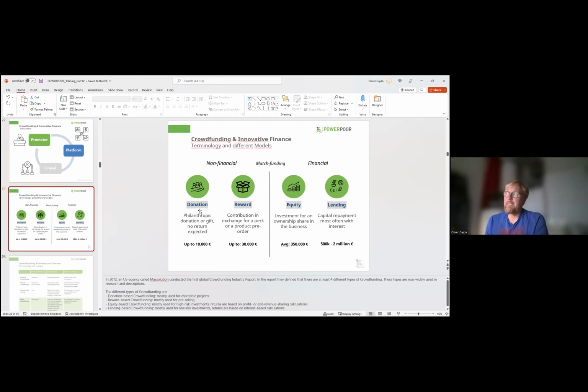We have reward, which basically means the people that go to the crowdfunding platform to give money get a tangible return in the form of a gift, a token, something of much lower value but perceived high. So again, it could be a coffee cup, it could be a signed postcard.